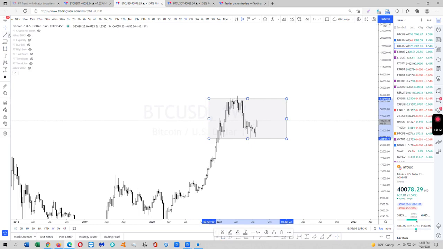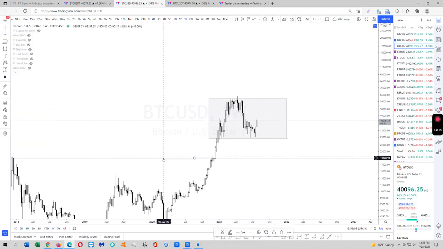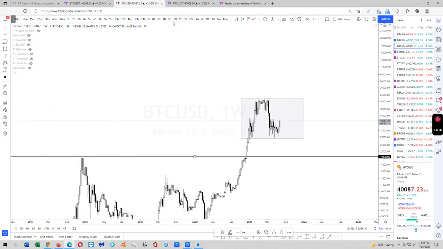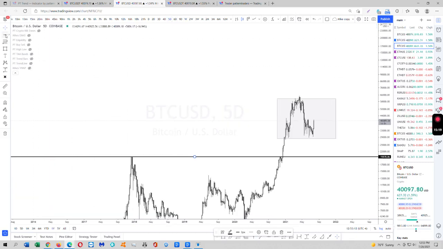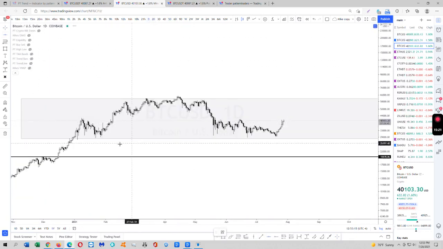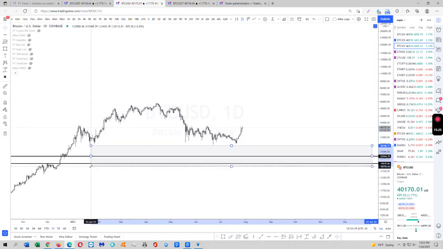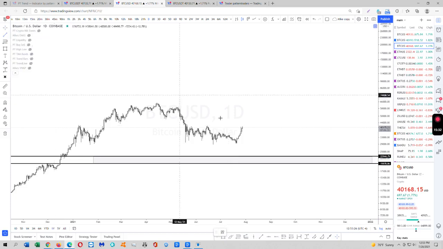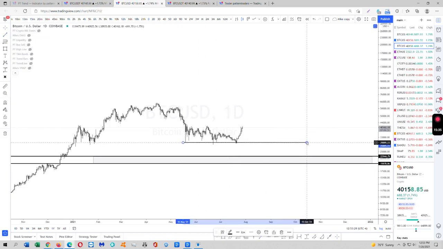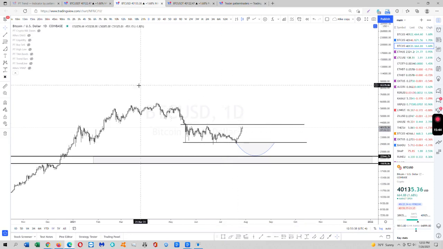And if we do happen to go sub and break down, it's going to be strictly for manipulation purposes, which means anything under here will become a deviation. This is the most logical scenario for me, by the way, guys.